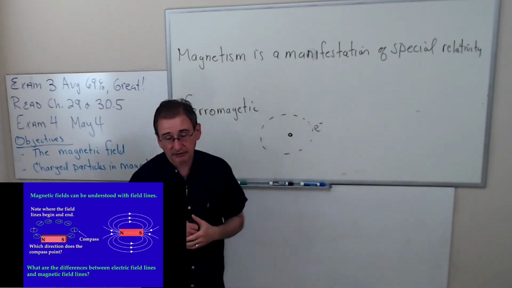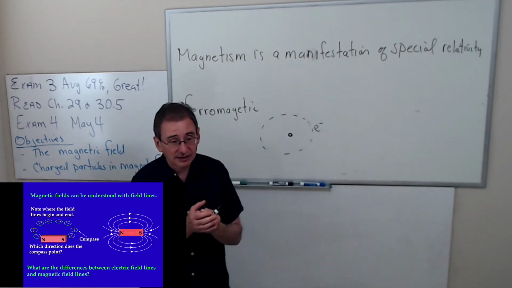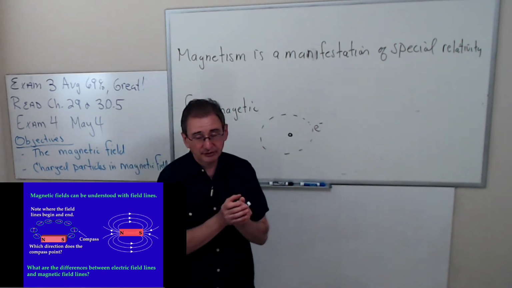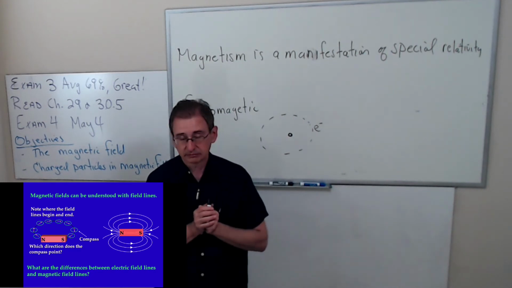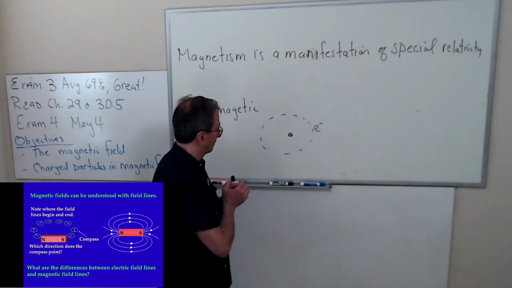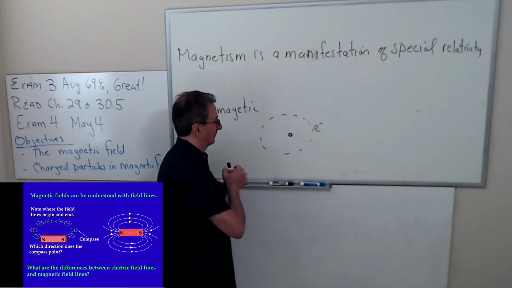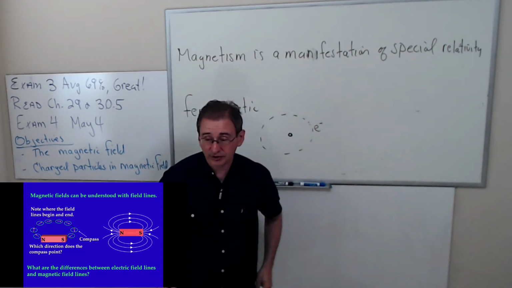A moving charge will produce a magnetic field. Okay? But let's say you have an atom with a filled shell like helium. Okay? The magnetic field due to the two electrons as a result of their motions are going to cancel.